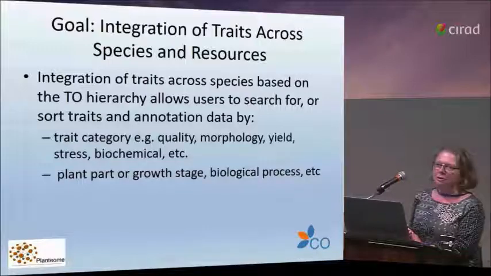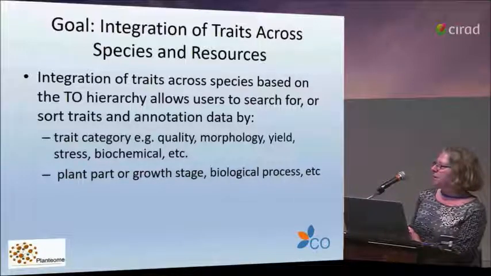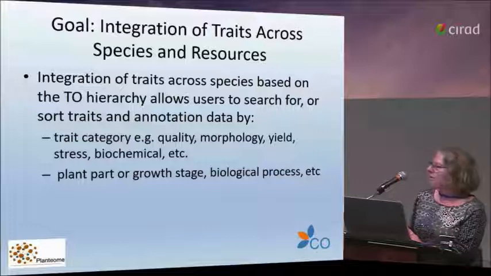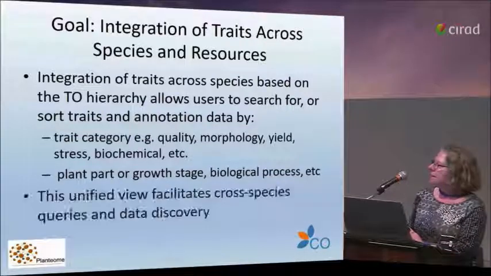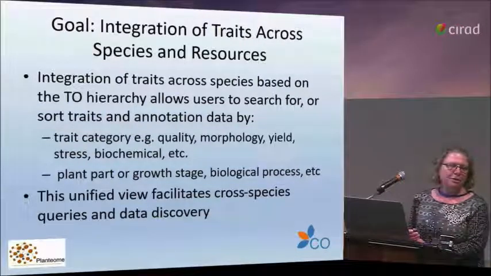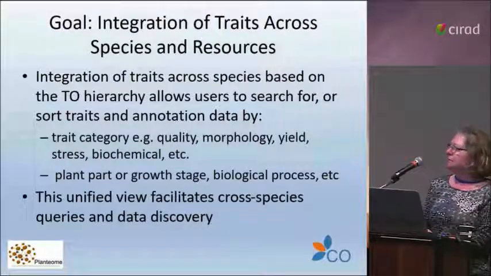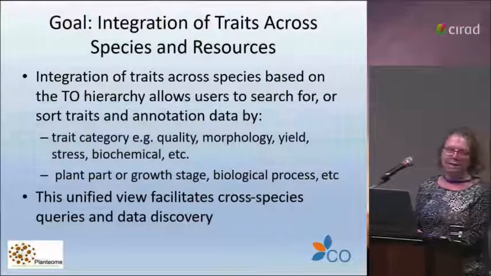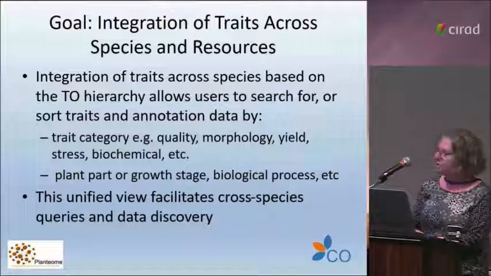Also, you can search across the ontologies for plant parts or growth stage, biological processes, etc. So this unified view that we're developing really facilitates these cross-species queries and data discovery for our users.